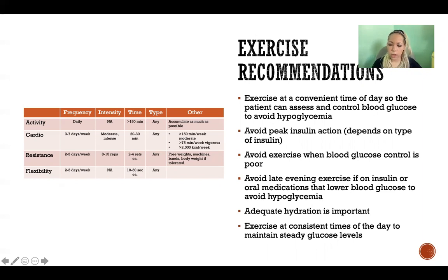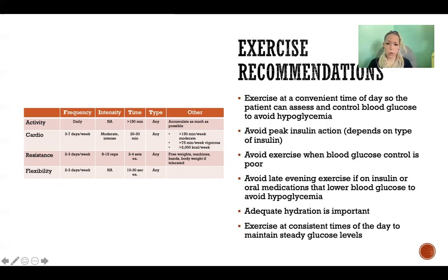So you want to avoid blood sugar getting too low in response to medications or taking insulin, because when we exercise, the cells become more sensitive to insulin. And so if they just took insulin, for example, that could cause a problem.